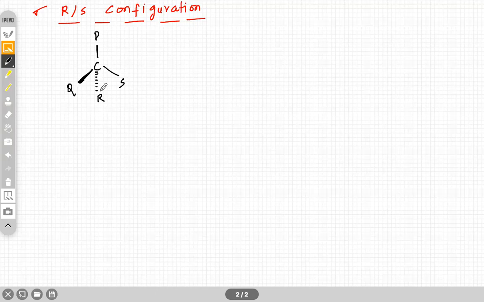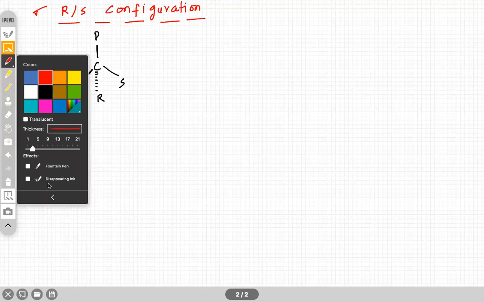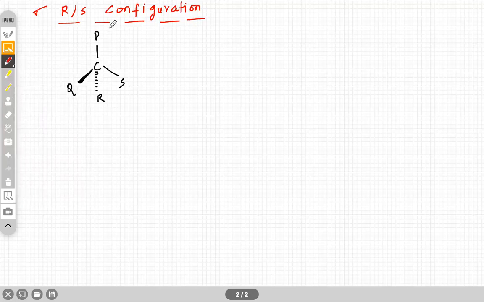We assign priority on PQRS. Suppose the priority is this: this is 1, this is 2, this is 3, and this one is 4.